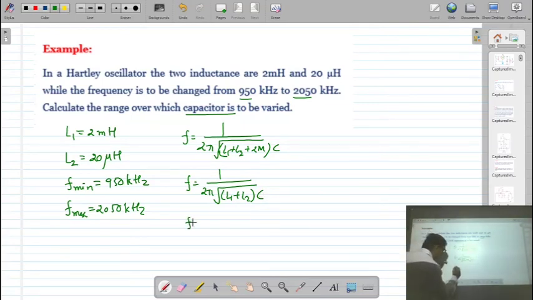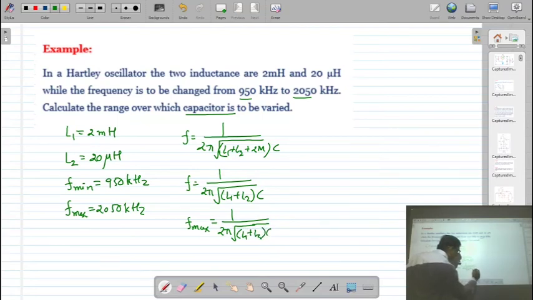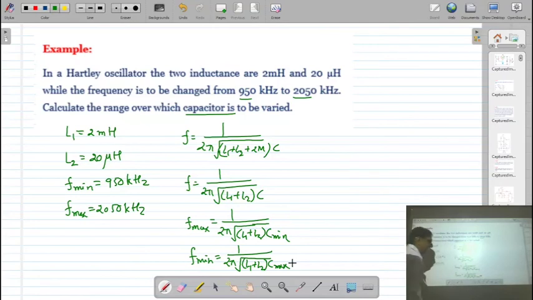So we can write, f maximum you will get only when the capacitance is minimum. It is 1 upon 2 pi under root of (L1 + L2) into C minimum. And f minimum is given as 1 upon 2 pi under root of (L1 + L2) into C maximum.